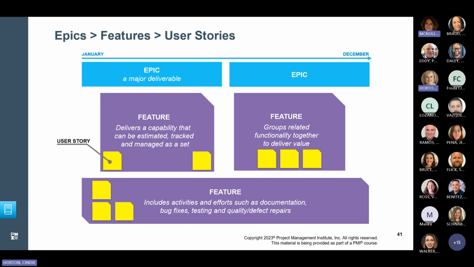Note that the varied shapes here in the features in this graphic represent that each is unique in size and scope. And in the case of defect repairs, they can even span one or more epics. As previously noted, the user stories are the specific tasks that the teams work on to achieve the goals defined by the epic. User stories are then grouped and placed within the feature development.